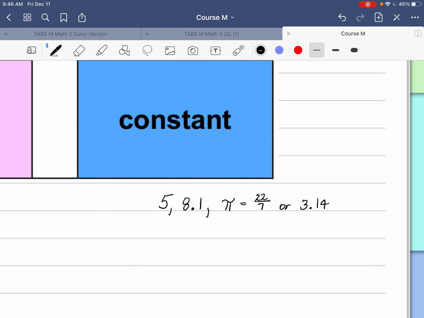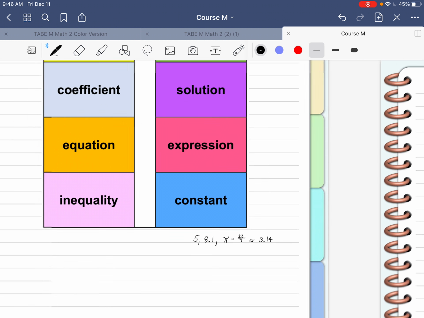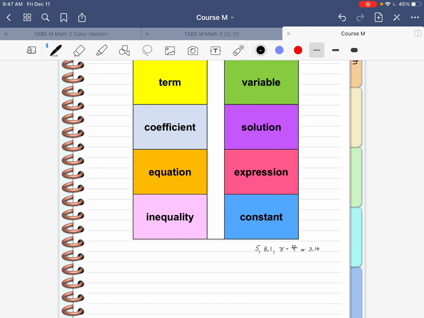But pi is a mathematical constant. Anywhere you see that symbol in a math book, it means 3.14. It's constantly the same. So constants are really the things that you and I are familiar with. It's the things that we've worked with all our lives as math students. To me, constant is the easiest term on this grid.